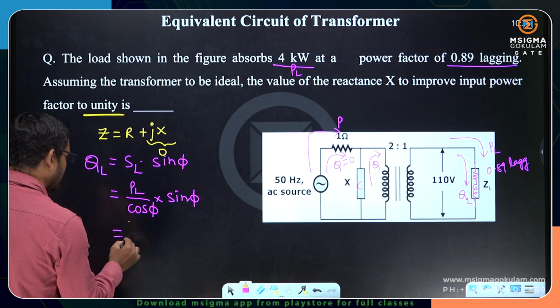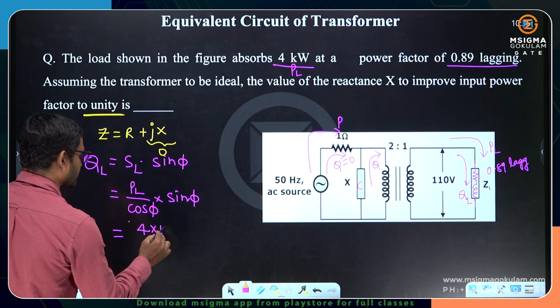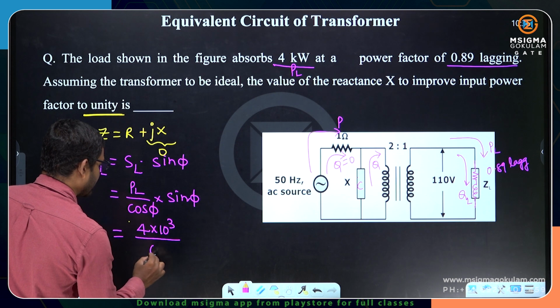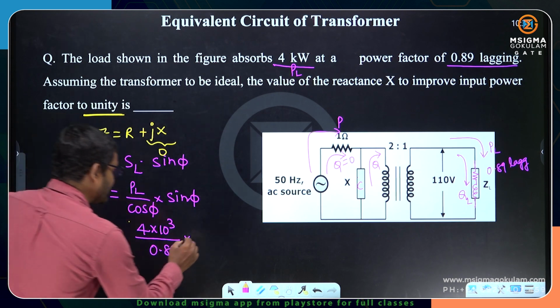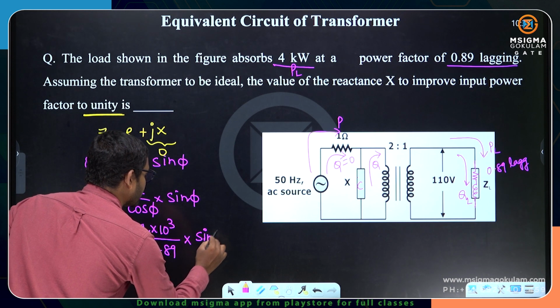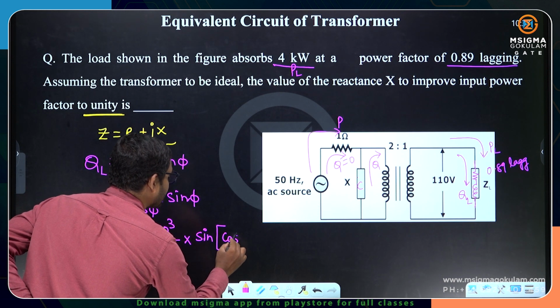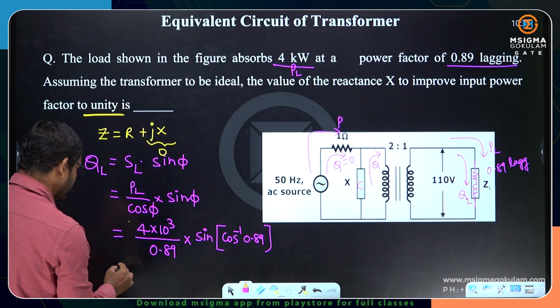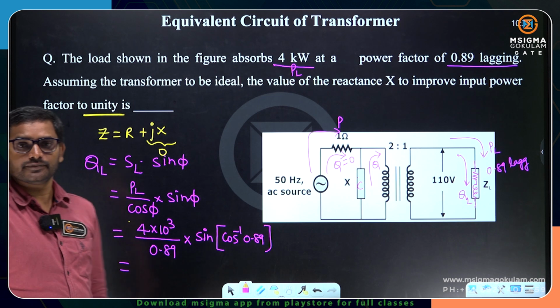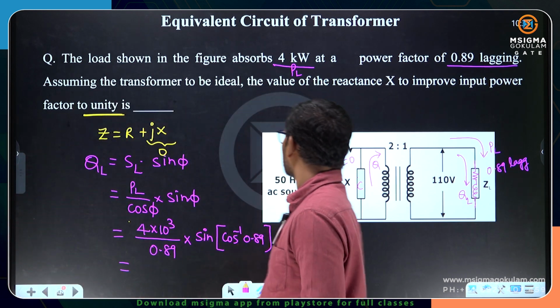What is PL? 4 kilowatts. What is cos phi? 0.89. Then what will be sin phi? Sin of cos inverse of 0.89. Now you solve this, you will get the load reactive power. Can you solve it and tell me?